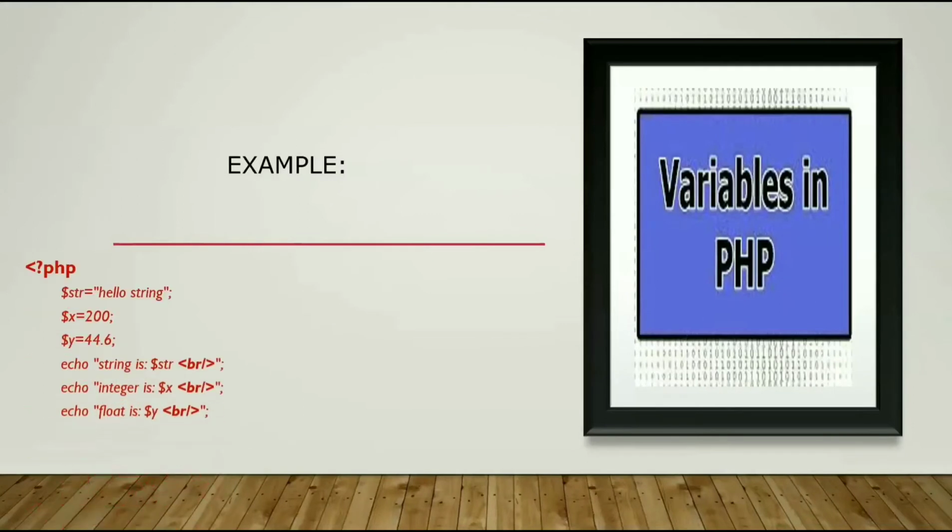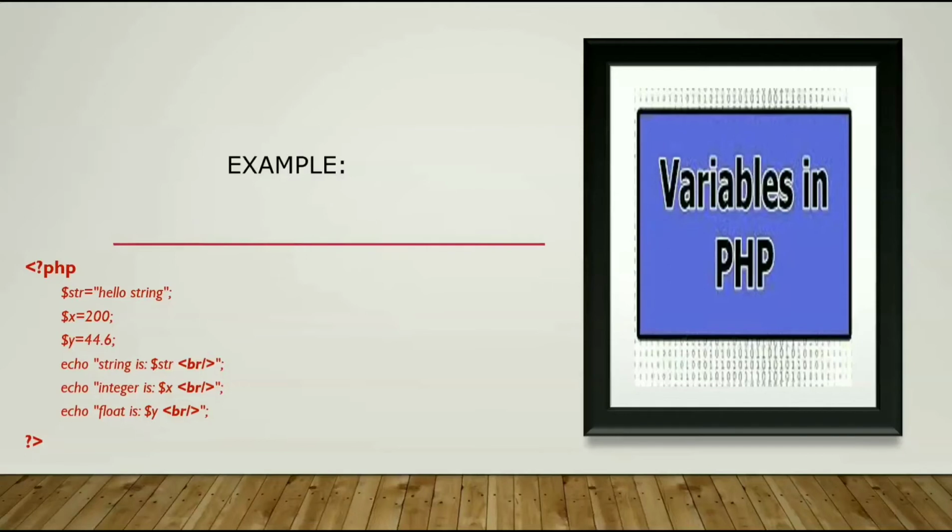So this is the example. We have taken one string variable. $str is equal to "hello string". So whenever the value is assigned, then the data type of the particular variable is decided. So whenever "hello string" is assigned to $str, then it is treated as string data type.